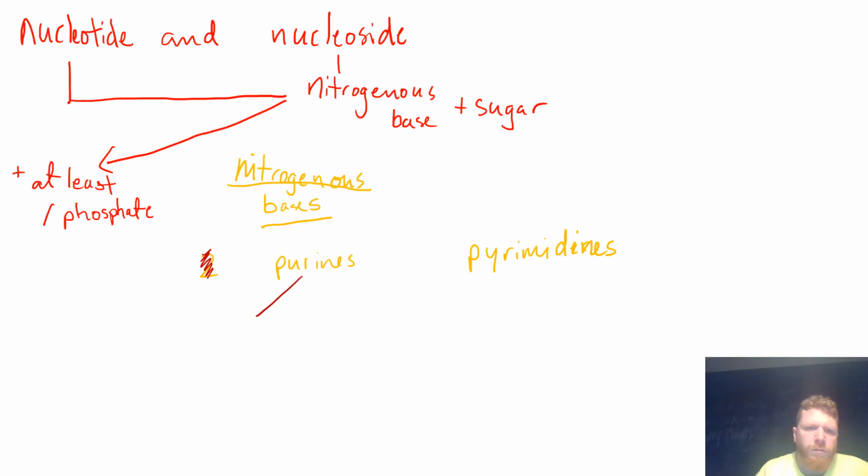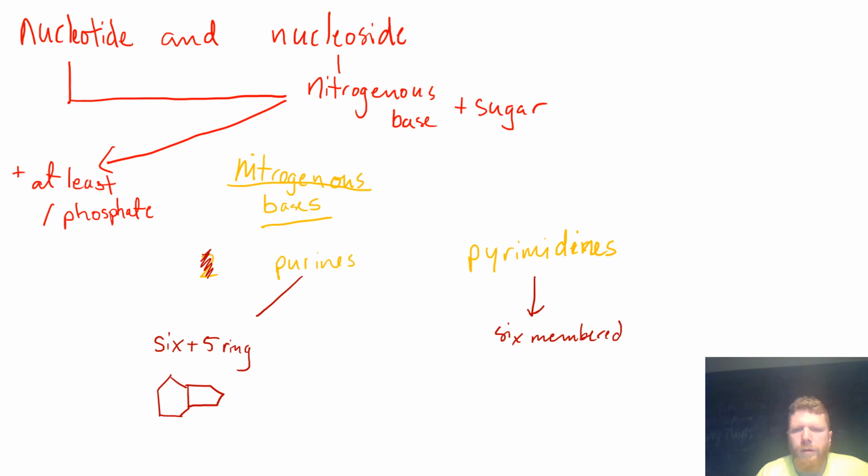The purines have a general structure of a 6-membered ring plus a 5-membered ring. So it's a 2-ring structure that looks roughly like this. Whereas a pyrimidine is just a 6-membered ring, which looks a little bit like this.